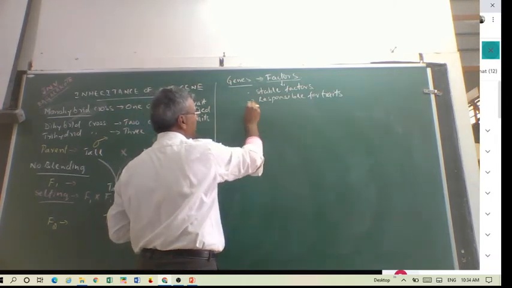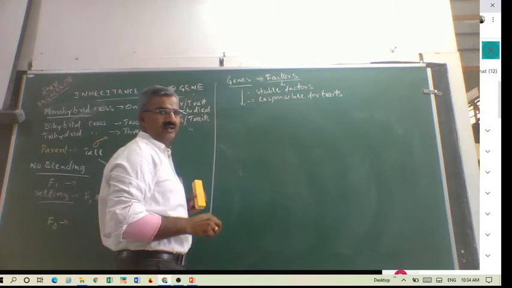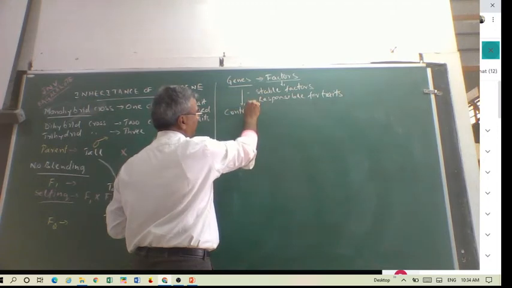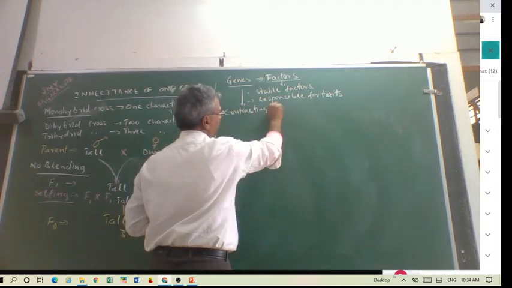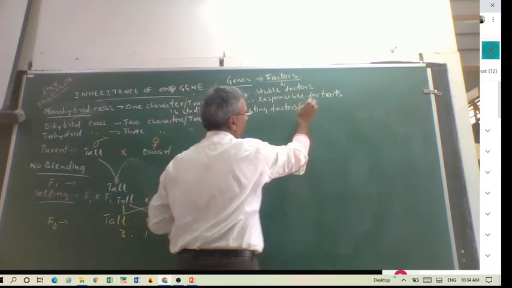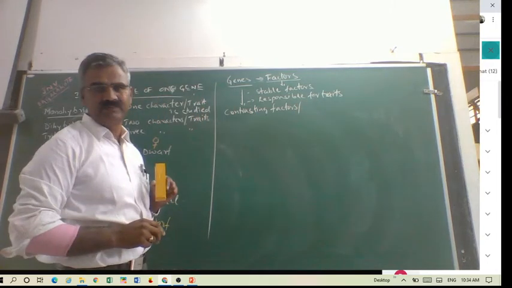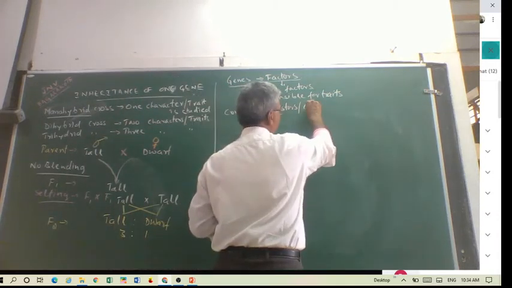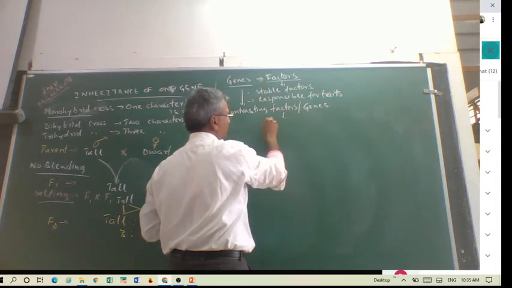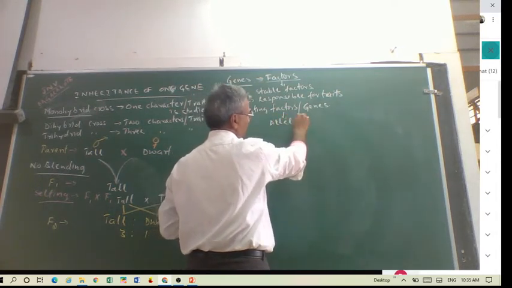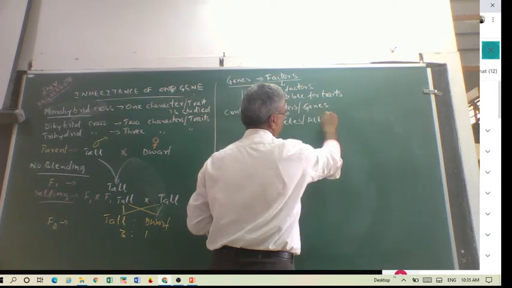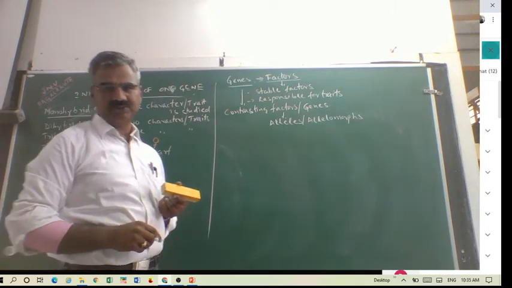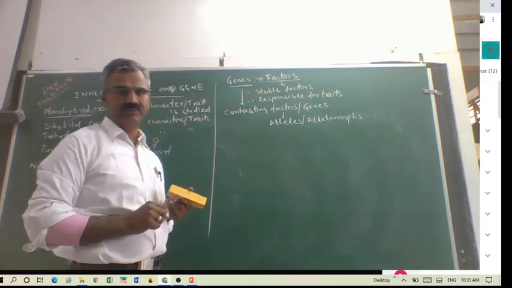He told that there are some contrasting genes, contrasting factors. What is another name for factors? Genes. Very good, genes. And these contrasting factors or genes are said to be alleles or allelomorphs.